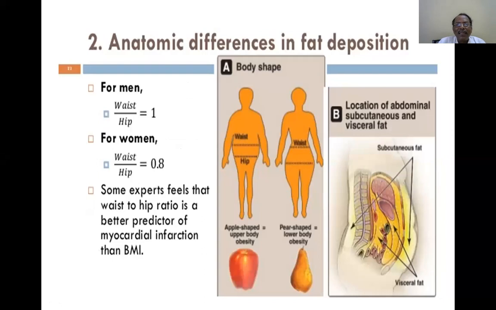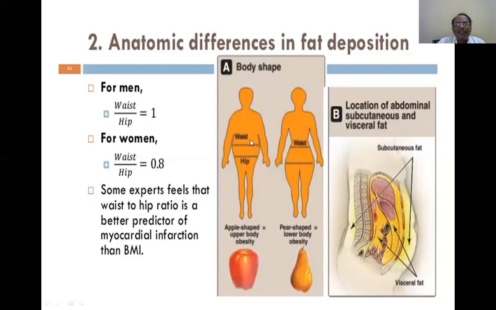You see, the males have a specific shape. This is what is called the abdomen. The fat is mainly deposited in the abdomen of the males, whereas in the females, you see, the fat is deposited mostly in the waist.